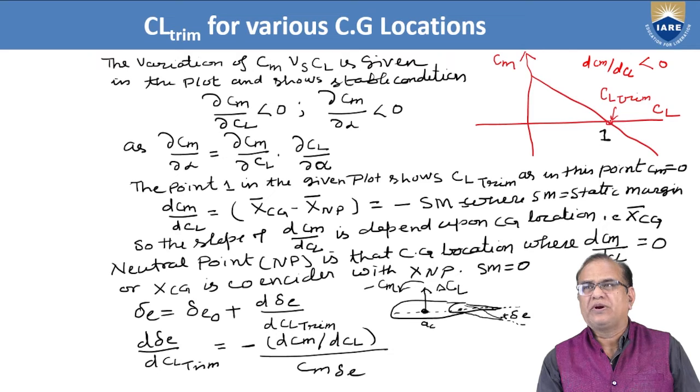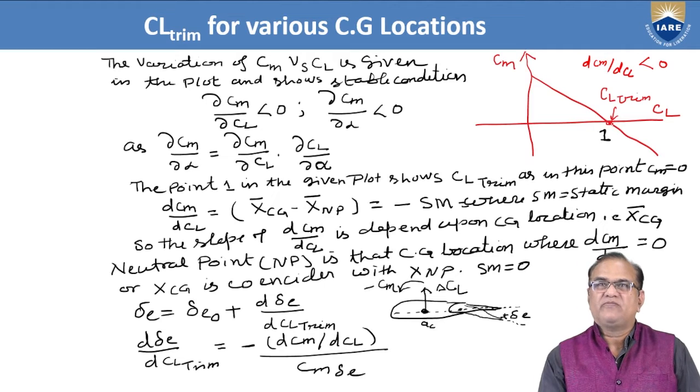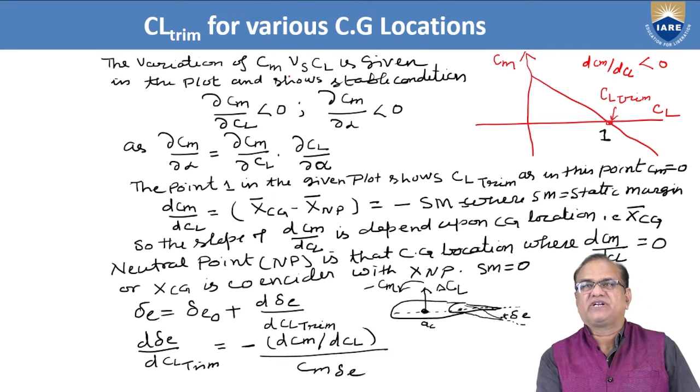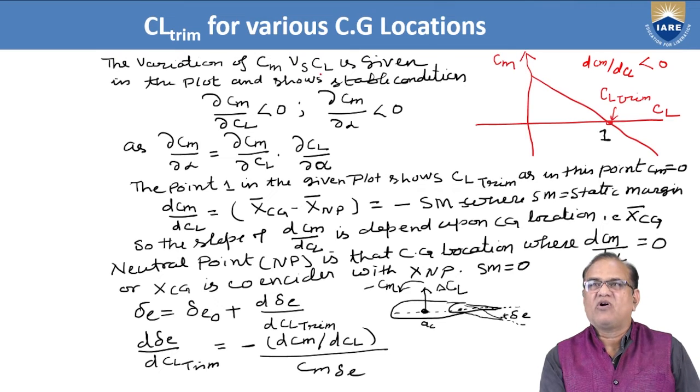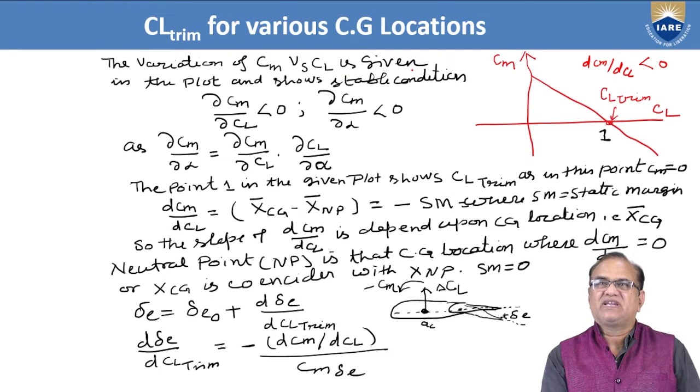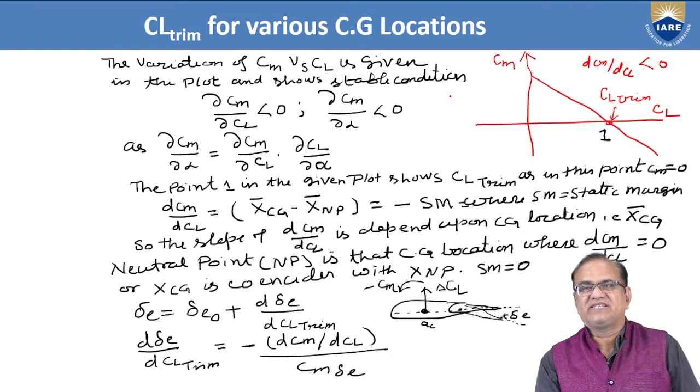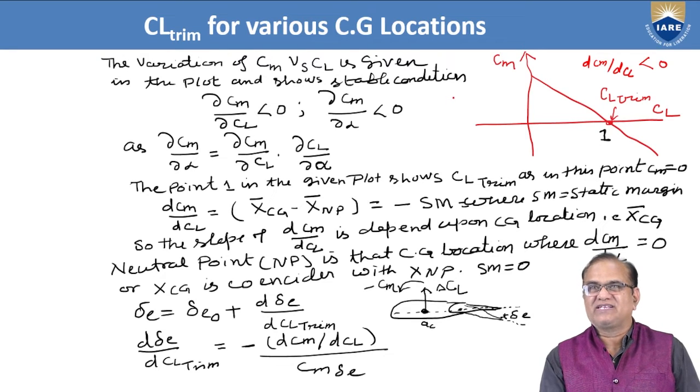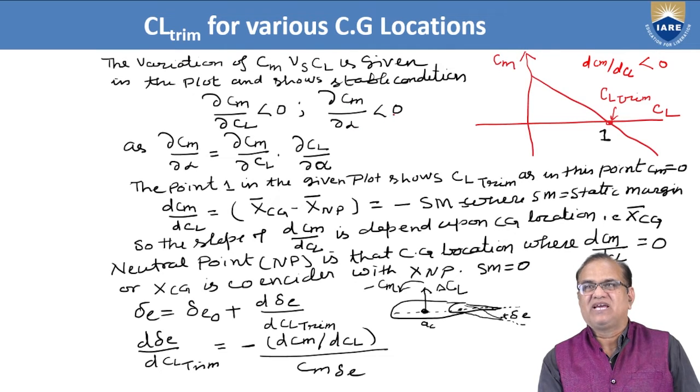So if you want to trim this aircraft in this condition, at this CL, how much DeltaE is required? The variation of coefficient of moment versus coefficient of lift is given in this plot, and this shows the stable condition. To have the stable condition, dCm by dCl should be less than 0 or negative, and dCm by d alpha should be less than 0.